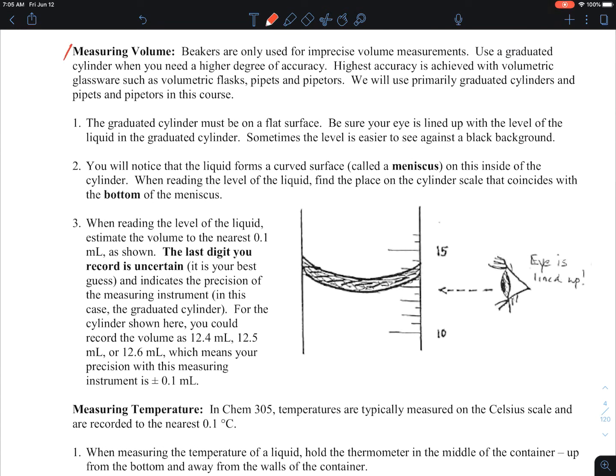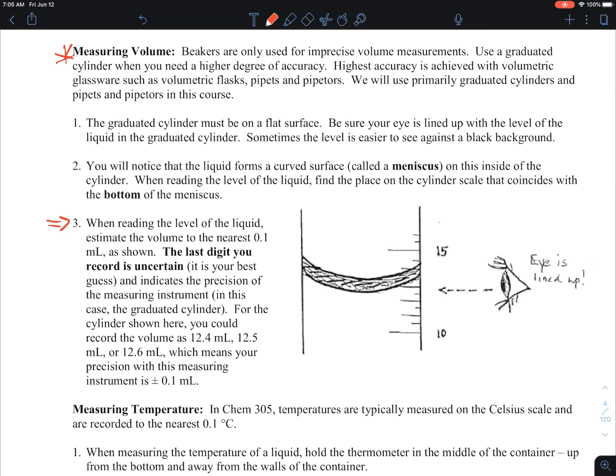The other thing comes down to measuring when we measure volume. You can read through the instructions here. Part 3 is what I wanted to point out in particular. When you take a measurement from an instrument that's not digital, like a graduated cylinder, or something like a ruler, where you have to read a scale, you have to estimate the last digit.